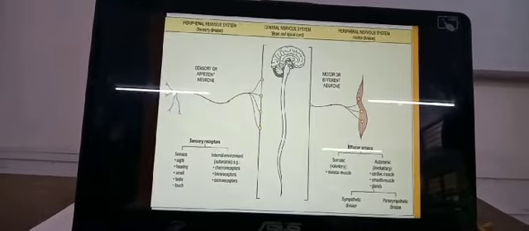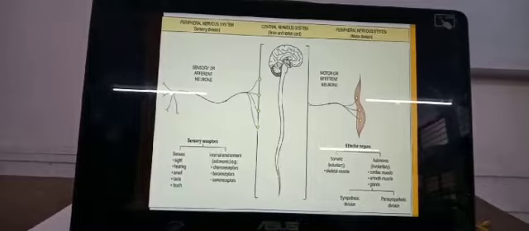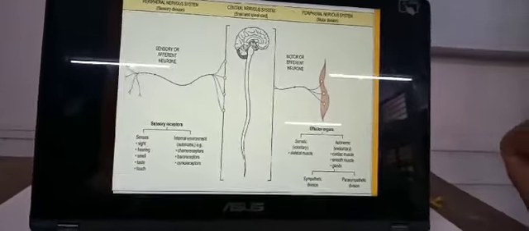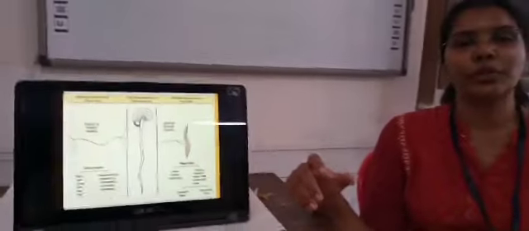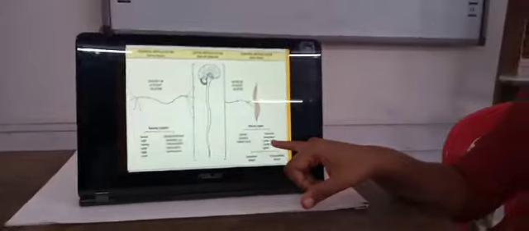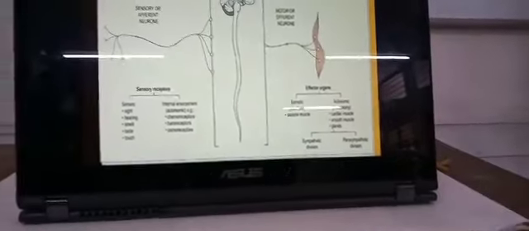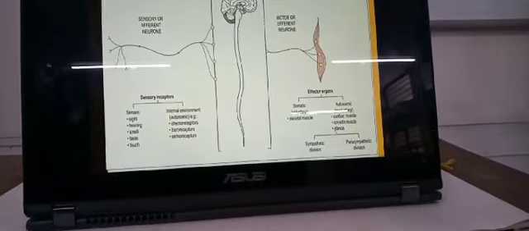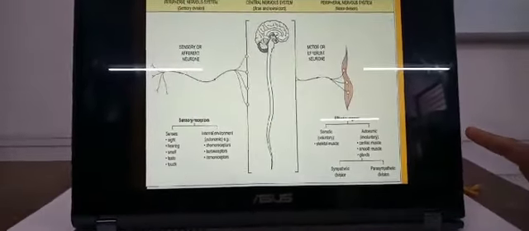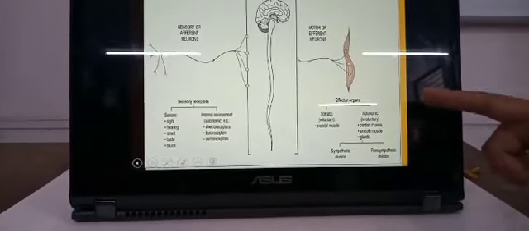From the brain, for example, as I said before, when you touch something hot, the impulse is sent to the brain and immediately the brain sends the signal by the motor nerves for you to withdraw your hands. So these are the effector organs. For somatic, which is your voluntary one, you voluntarily pull your hand out, and then you have the skeletal muscle. The autonomic one is the cardiac muscle, the smooth muscles of the sympathetic and the parasympathetic division.